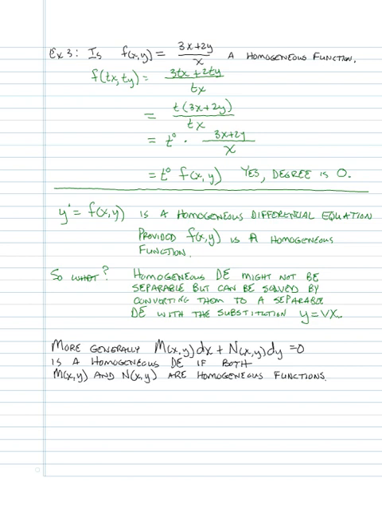So if we know we have a homogeneous differential equation, we can make it separable with this substitution, and when we make it separable, then we can solve it. It would run much like the example that we did a bit ago before we knew about this idea about homogeneous.